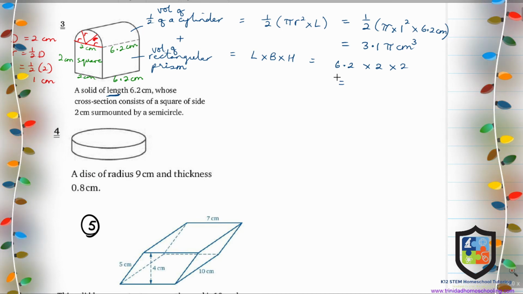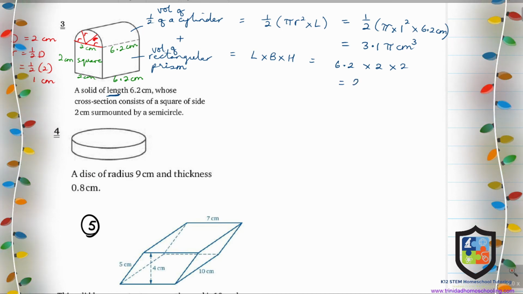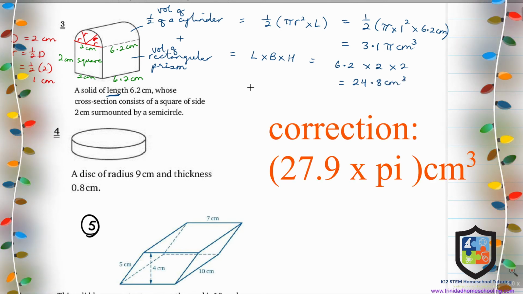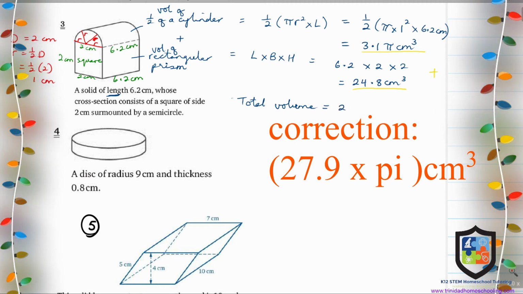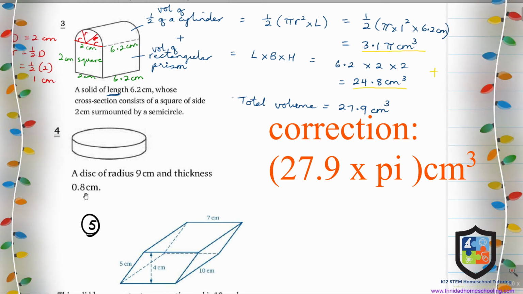So that's 6.2 by 4, 24.8 centimeters cubed. Now that's not the complete answer. The answer is going to be the sum of those two. So when we add those two together, we will get, right, so the total volume is equal to 27.9 centimeters cubed.